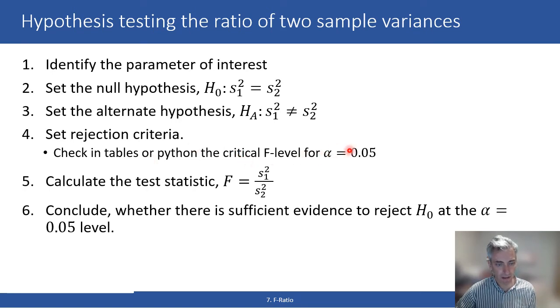So alpha equals 0.05 is a 5% significance level, which means in essence that we'll be 95% confident that the variances are different if the alternative hypothesis has to be accepted. Of course, you can change this to a 99% confidence level, alpha equals 0.01, or some other value, but usually for most engineering studies we'll set alpha equal to 0.05.